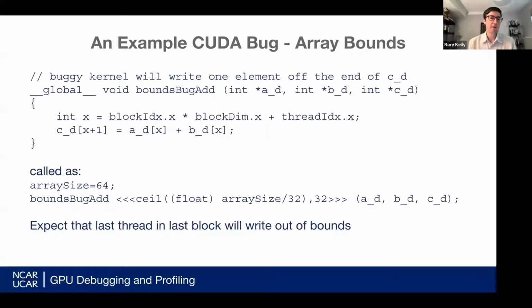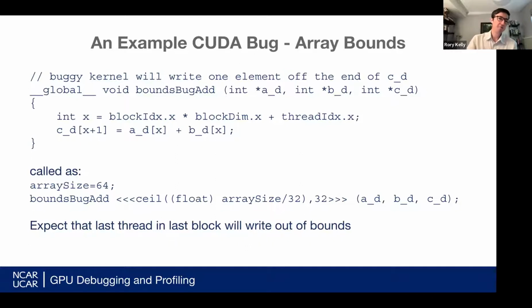We've compiled our code very simply, with these arrays being 64 words in size, and we're calling this kernel using 2 blocks with 32 threads in each block.